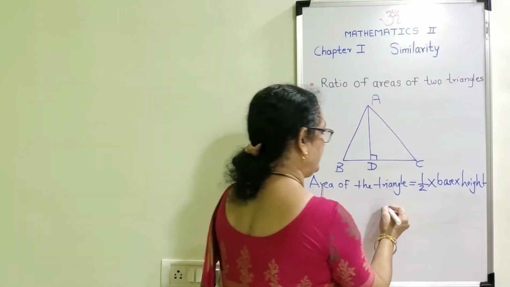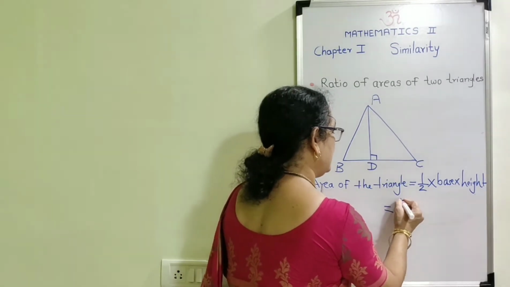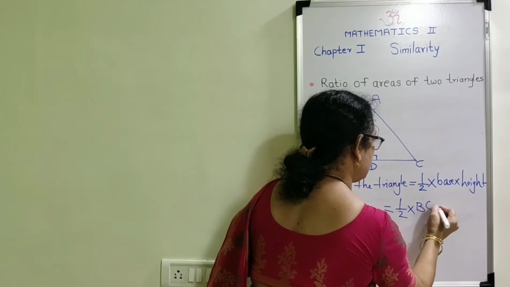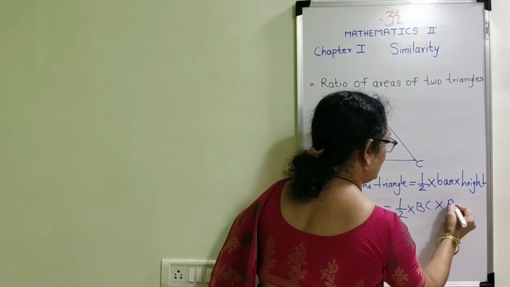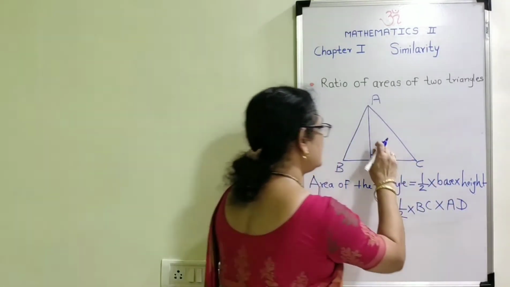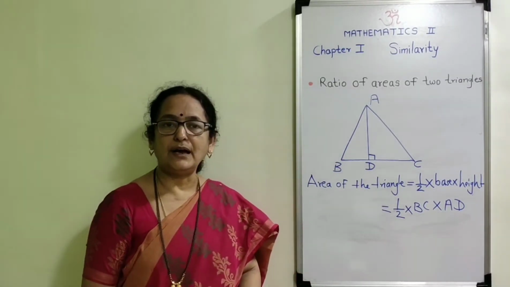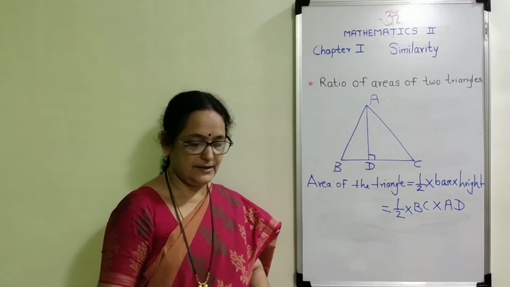Now here, since in the above triangle the base is BC and height is AD, with respect to this triangle, the area of this triangle is equal to 1/2 BC into AD.